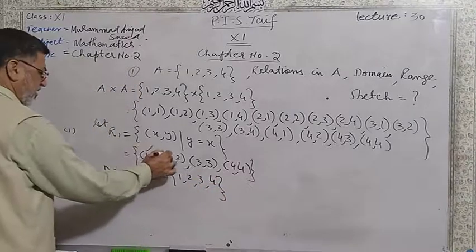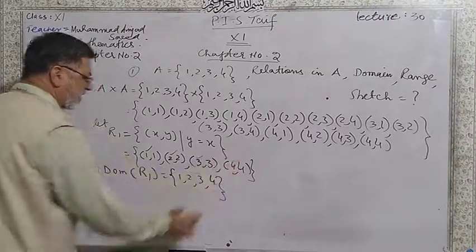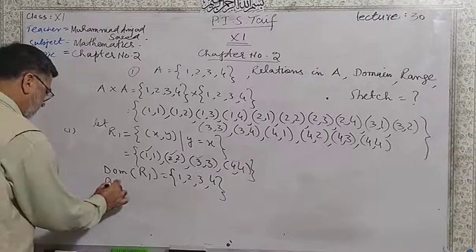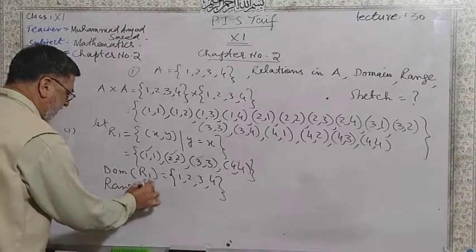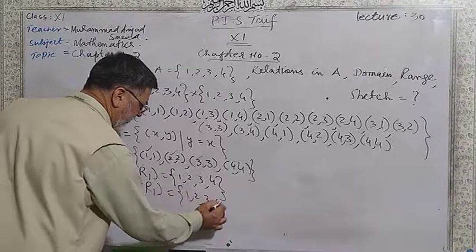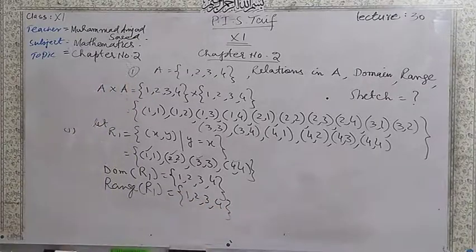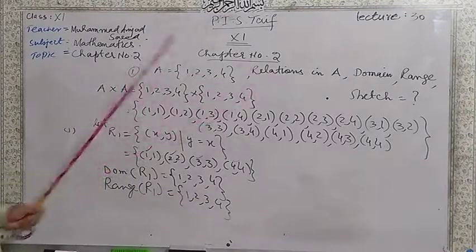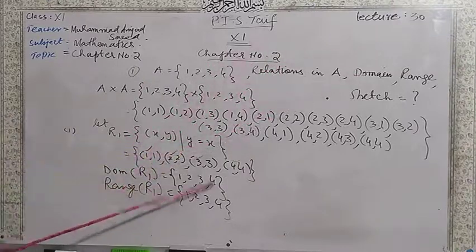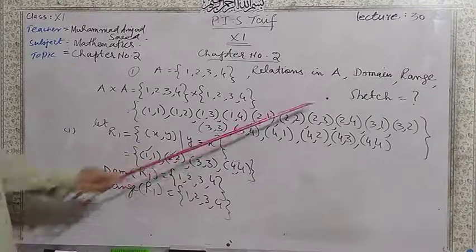First members. This is the domain set. Range of R1 is again 1, 2, 3, and 4. So we have written relation in A, R1, tabulated, domain is written, range is written, and then sketch.